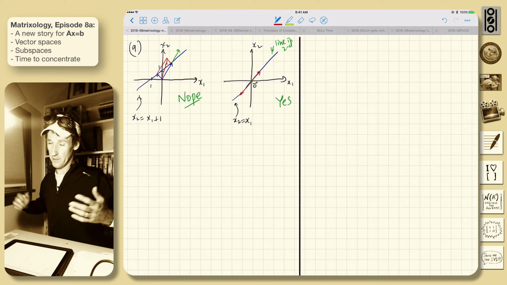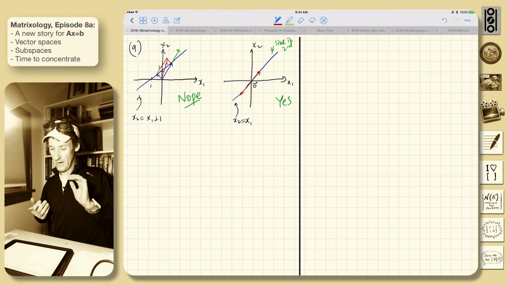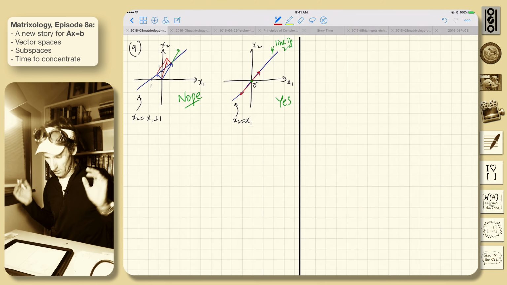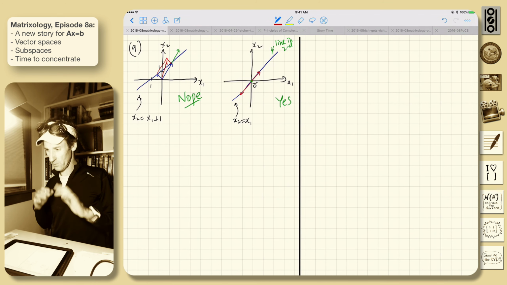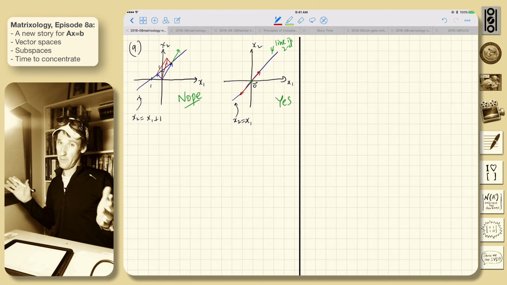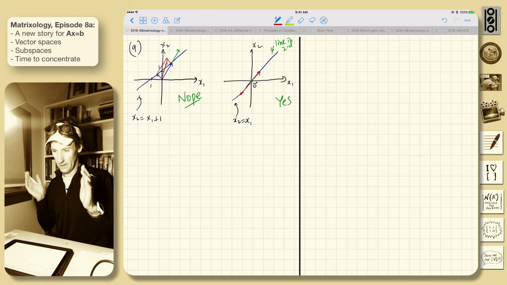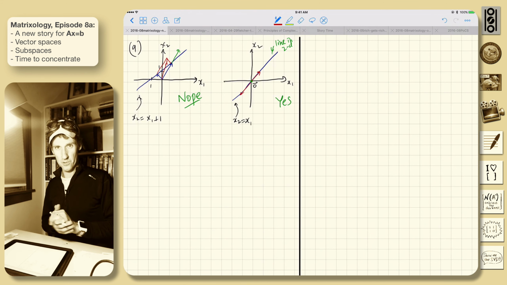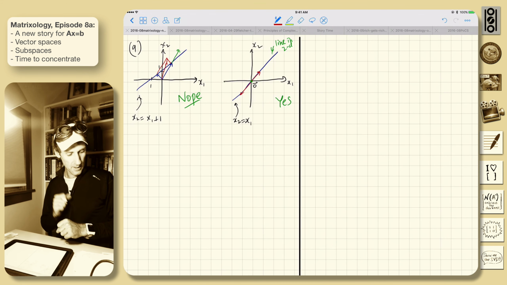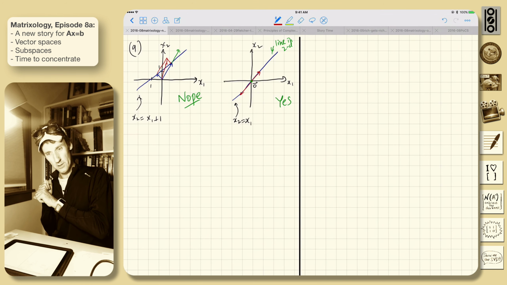So we can have R to the 32 and a subspace of 16 dimensions as long as it goes through 0 and looks like 16-dimensional space. For 3 dimensions, a plane is a subspace as long as it goes through 0, and a line will also be a subspace as long as it goes through 0.